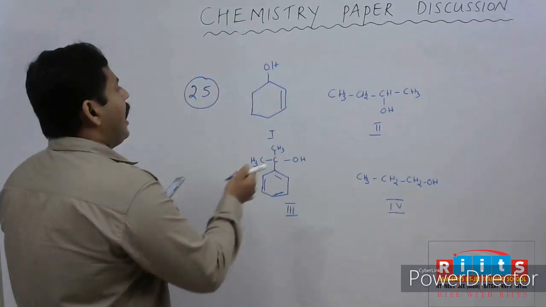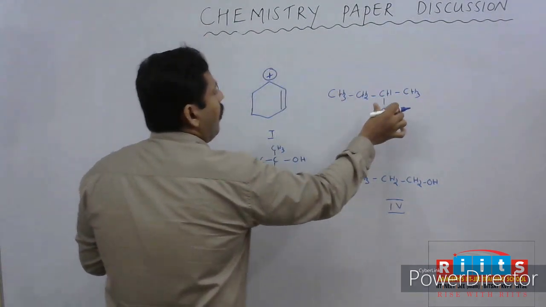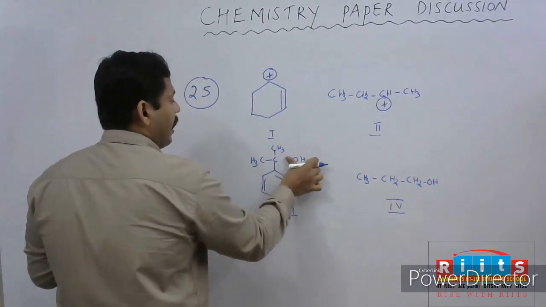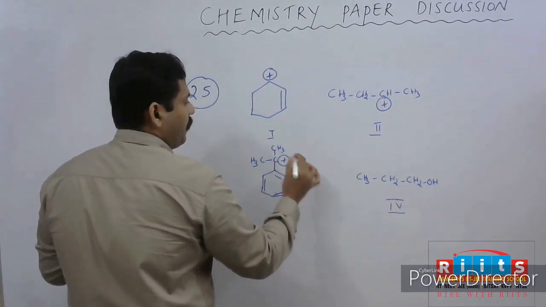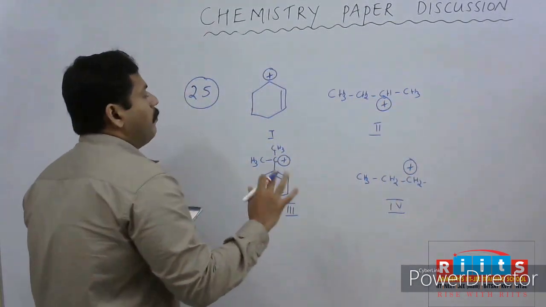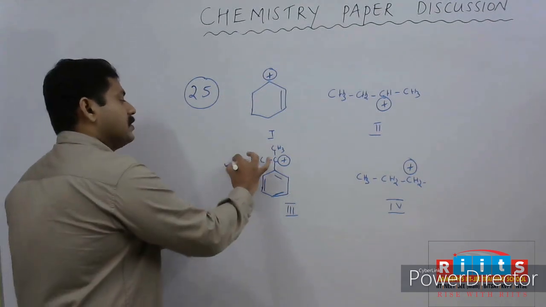So here, after the removal of OH, I will get the positive charge here only. Here after the OH, I will get the positive charge, and here I will get the positive charge, and finally here I will get the positive charge, right? Now you verify which among these four is the most stable carbocation, definitely this one, right?